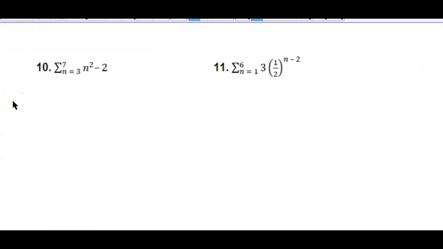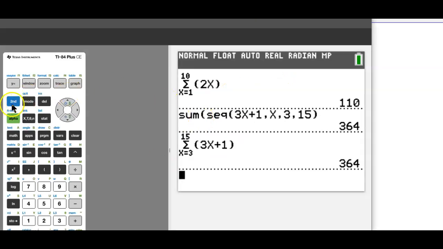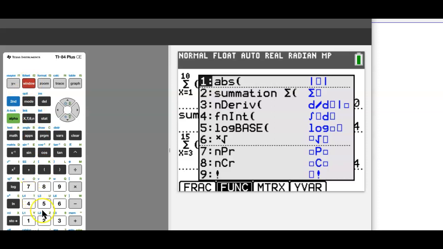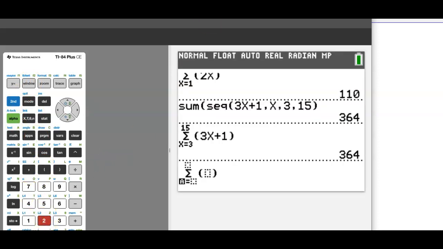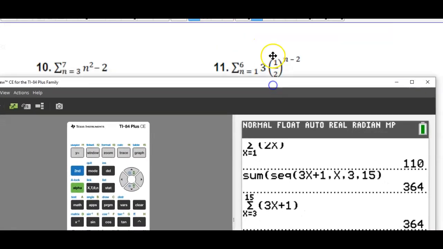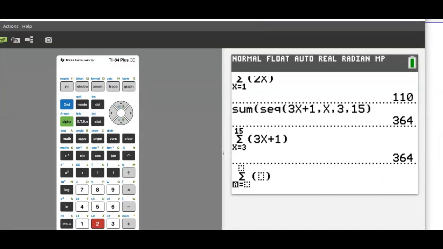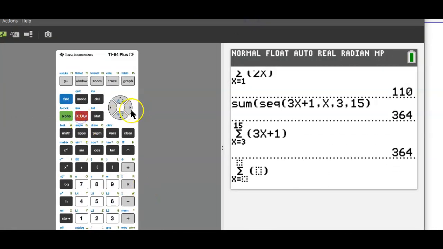And then there's 2 more of these, and maybe I'll just do number 11 real quick, and then you can go back and do it. But if you want to go alpha window, choice number 2, and you want to make sure all of this stays inside. It's 1 through 6, so I have 1 and 6 up here.